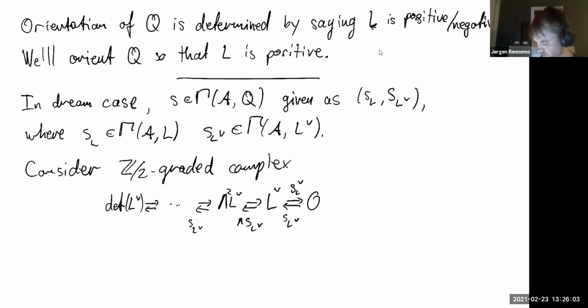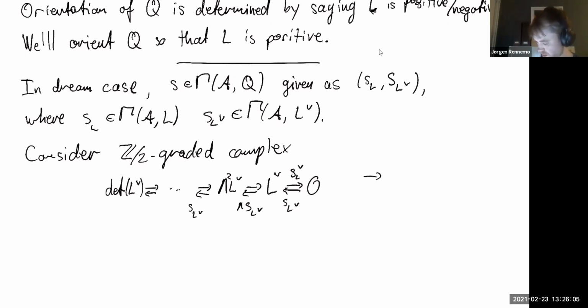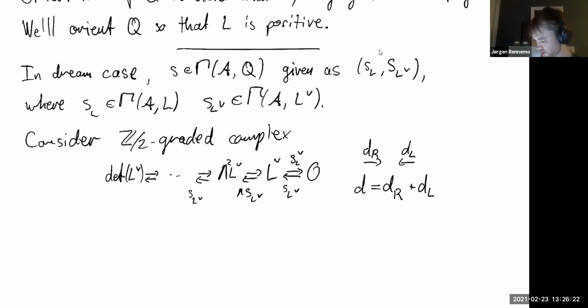So here I have arrows going rightwards, and I have arrows going leftwards, and I declare that the differential here is the sum of these two things. And then, the Norwegian expression is, if you keep your tongue straight in your mouth and you do this properly, you check that this actually is a complex.